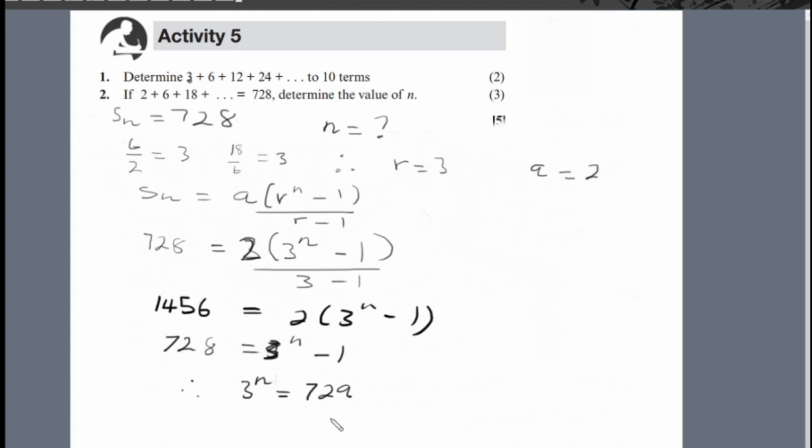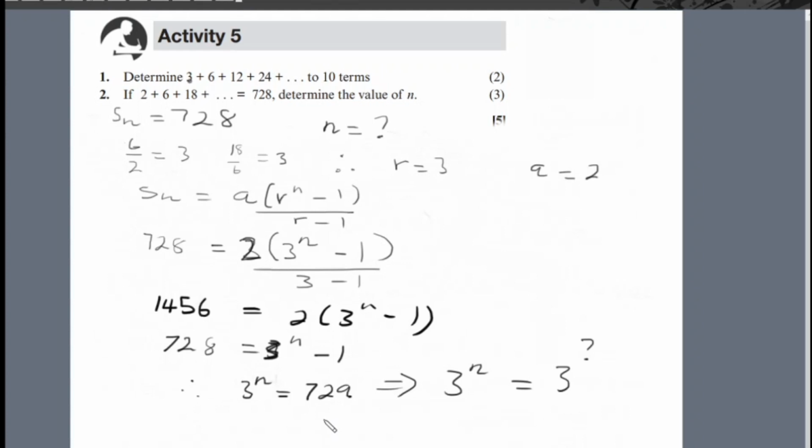So how do we solve for n? We need to solve this exponential equation this way. 3 to the n should be equal to 3 raised to some power. Kiyiphi power kumele raise u3 ngayo in order to get 729.